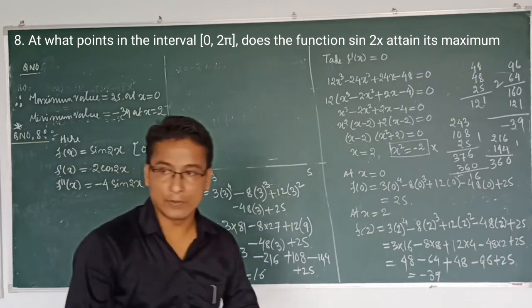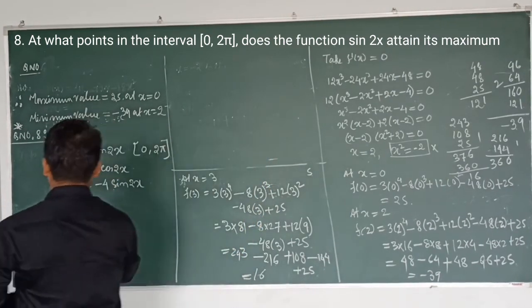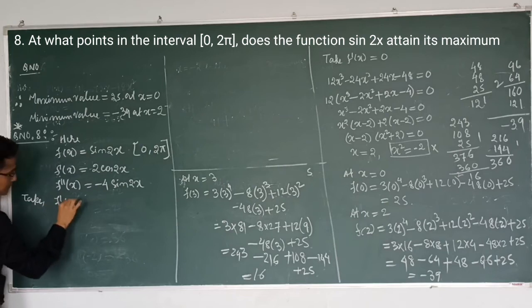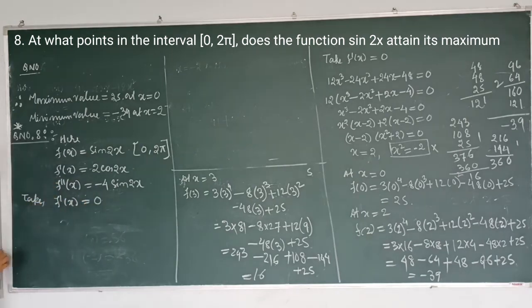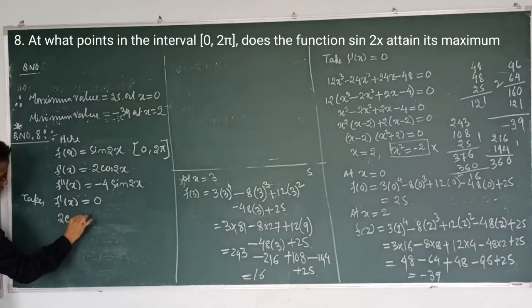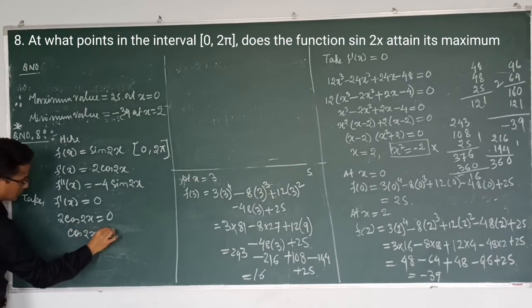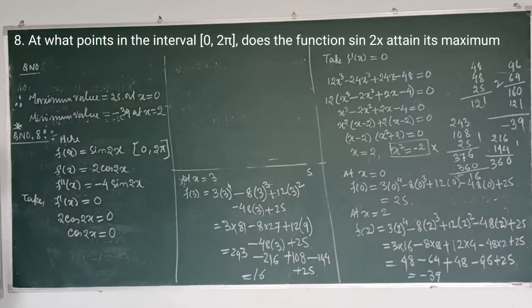Let's see the value. Here take f dash x equal to 0. That means 2 cos 2x equal to 0, that means cos 2x equal to 0.